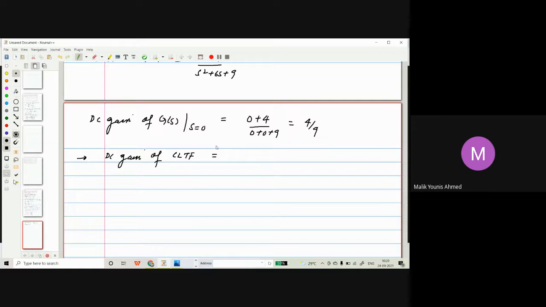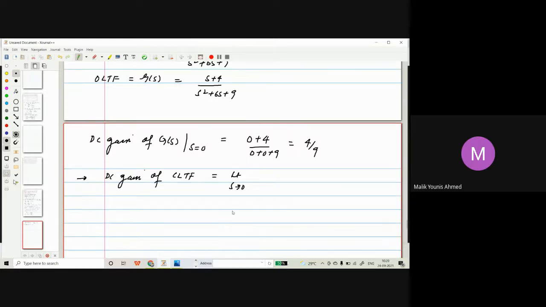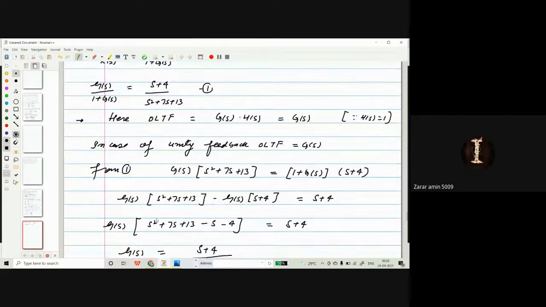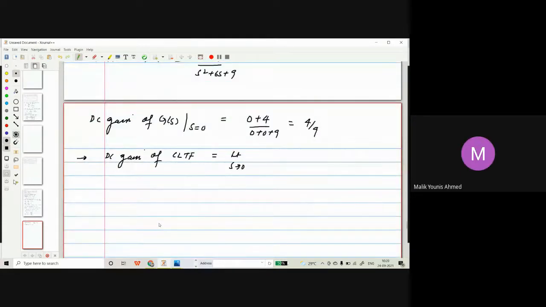What is the closed loop transfer function? The closed loop transfer function is this, 4 by 13. Then why are you so much confused? No, sir. S plus 4 is the closed loop, this is the way GATE examination asks questions, easy questions, but. So S will be 0, that is 4 by 13.